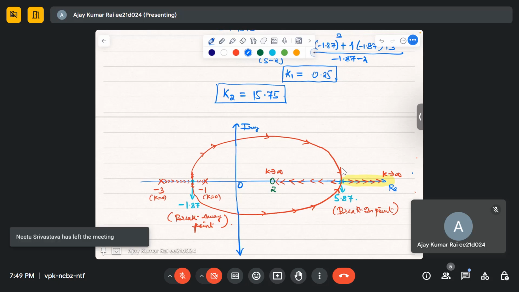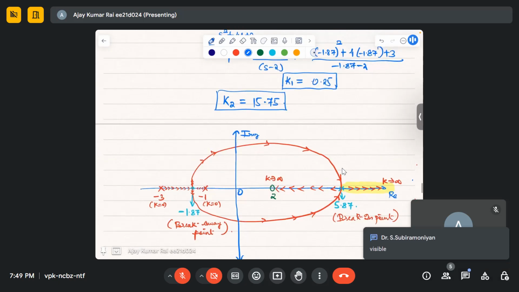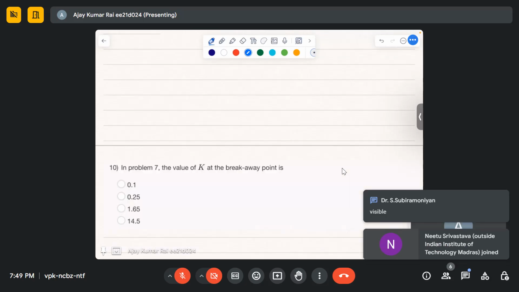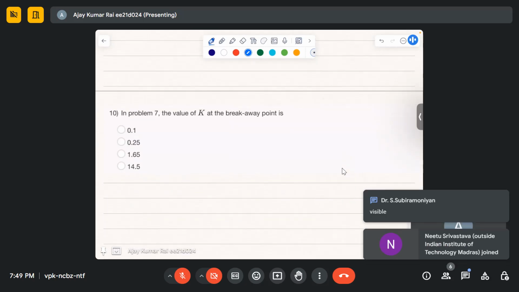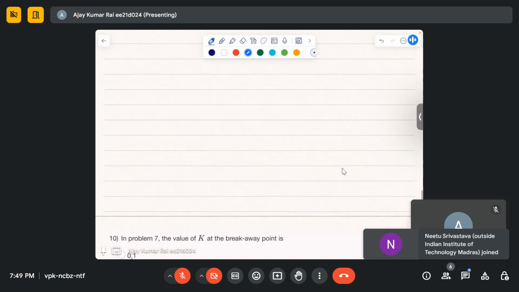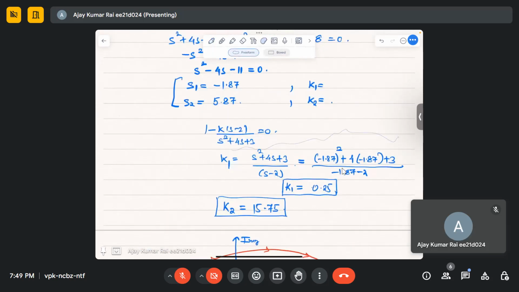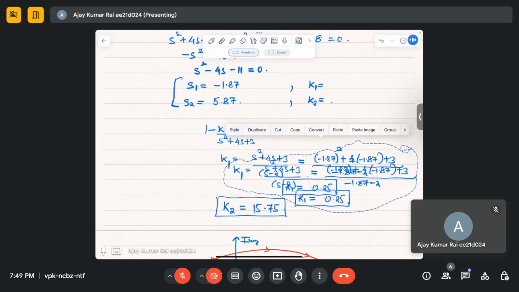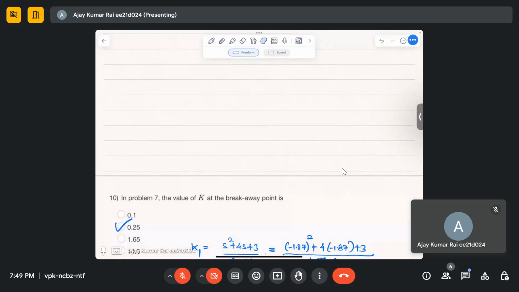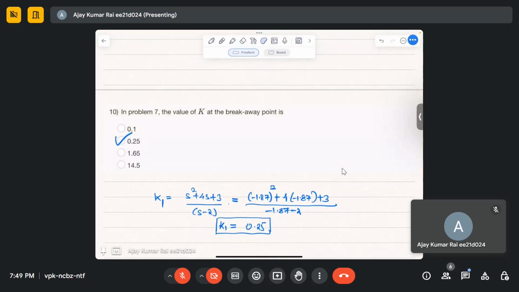Okay, so the value for K is coming out to be 0.25. Already we have calculated, so this is how we calculate. I'll just copy this process. So this is the process.